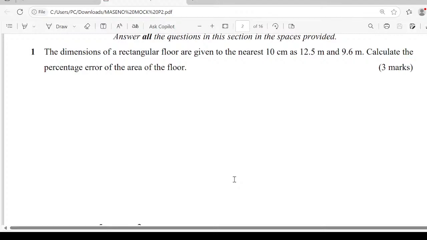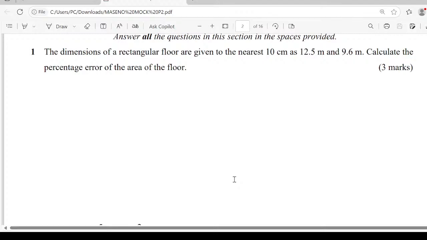The dimensions of a rectangular floor are given to the nearest 10 centimeters as 12.5 meters and 9.6 meters. Calculate the percentage error of the floor. Remember that they are given to the nearest 10 centimeters.